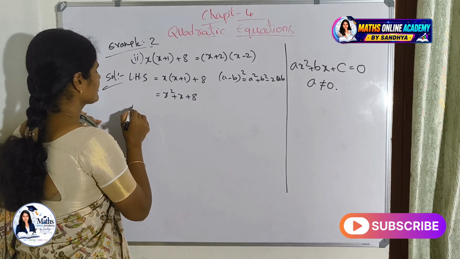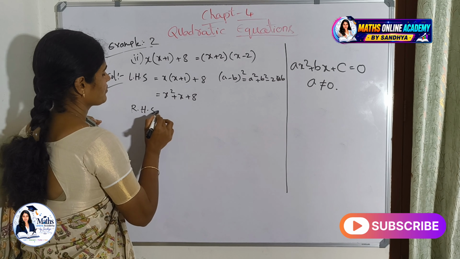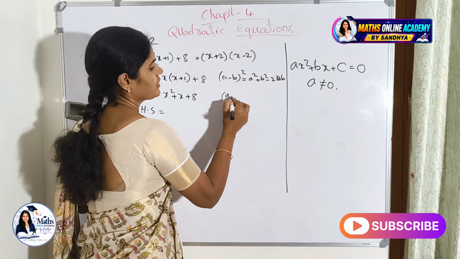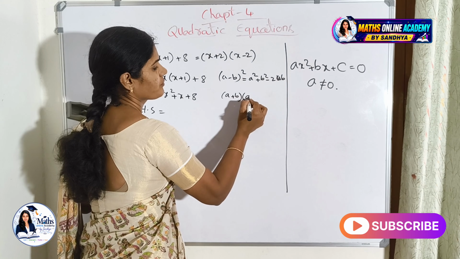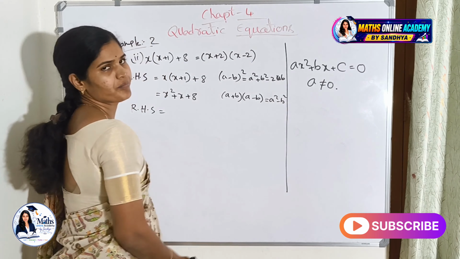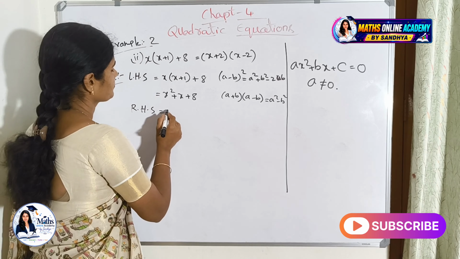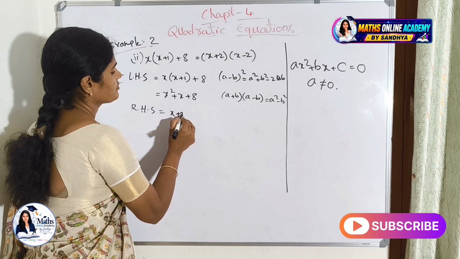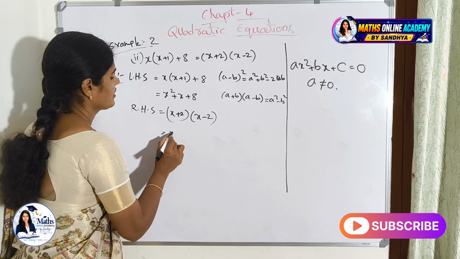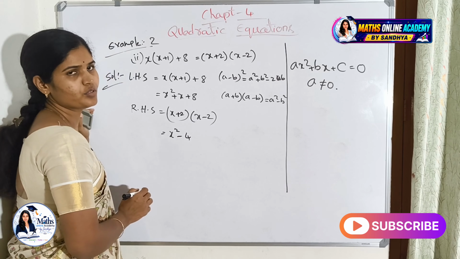And again RHS. This looks like a plus b into a minus b. What is the formula? A square minus b square. So x plus 2 into x minus 2 becomes x square minus 4, since 2 square means 4.